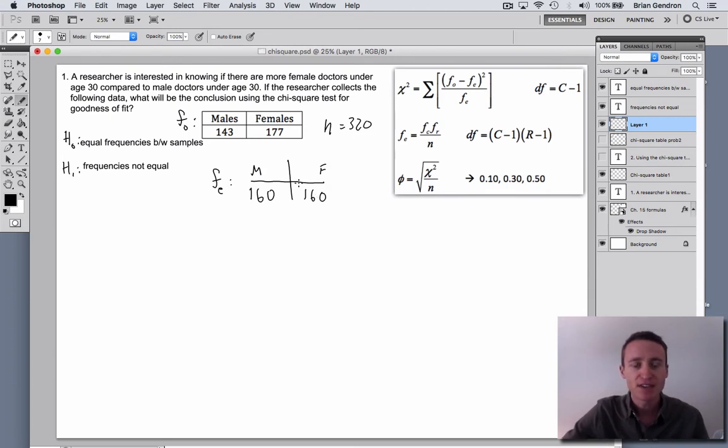That would be if these proportions are equal. Now, obviously, our proportions are not equal. 143 is not the same number as 177. But is that difference just due to sampling error, or is that a statistically significant difference between these two groups? That's what we're trying to find out with chi-squared.